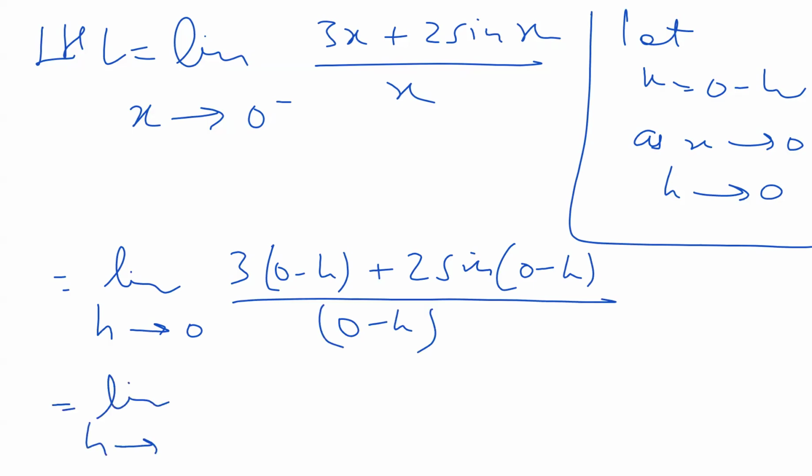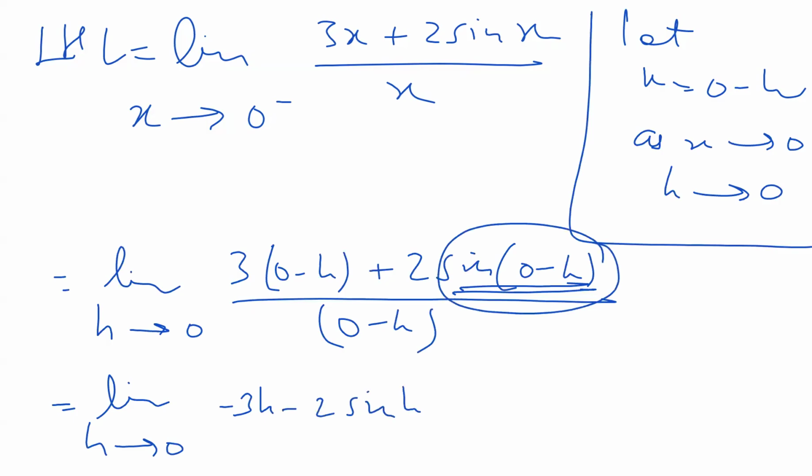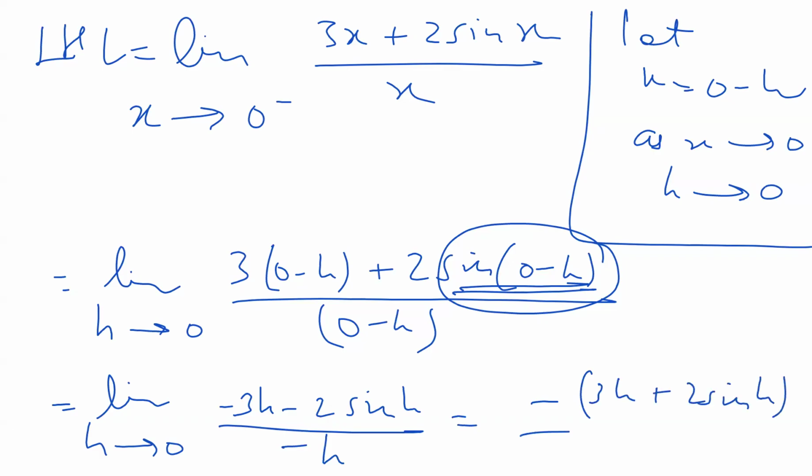So limit h approaching 0, minus 3h. See, sine of minus h is minus sine h. So this is going to be minus 2 sine h. Minus into plus 2 is minus. Okay, now you can take minus sign common: 3h plus 2 sine h upon minus h.